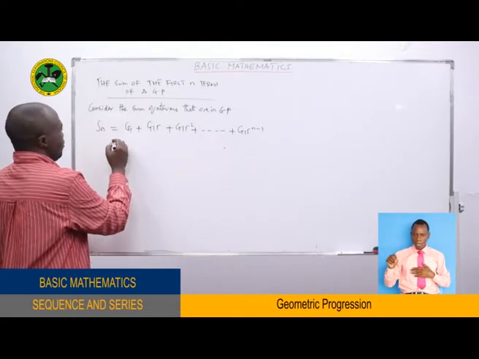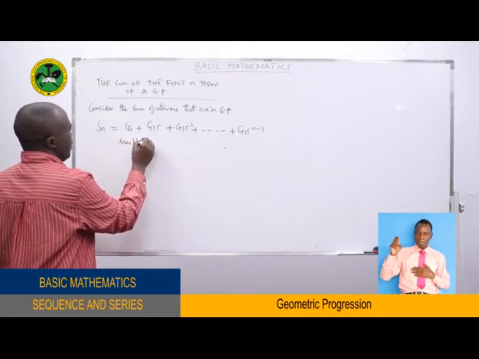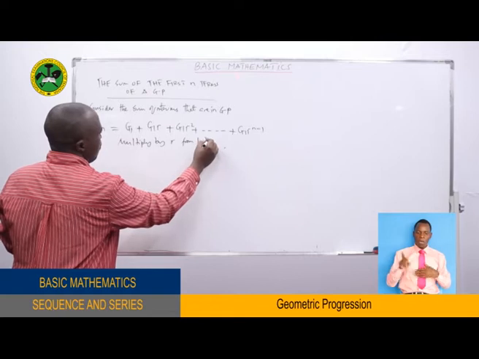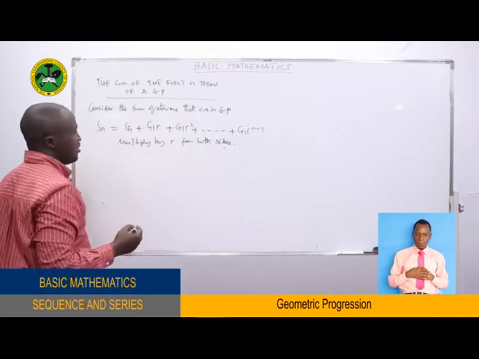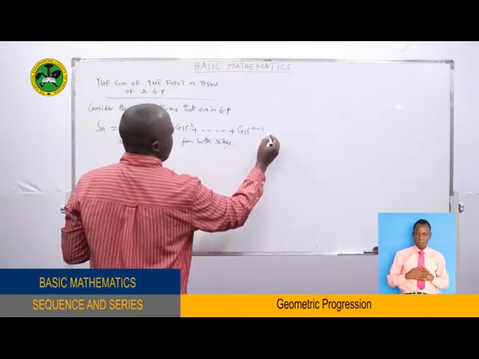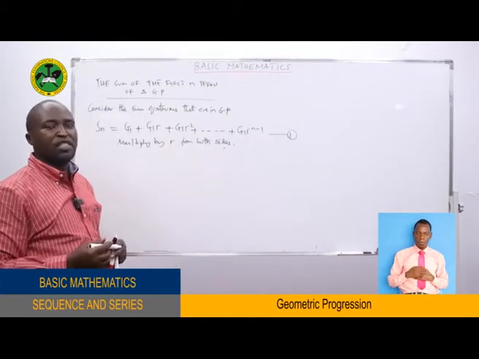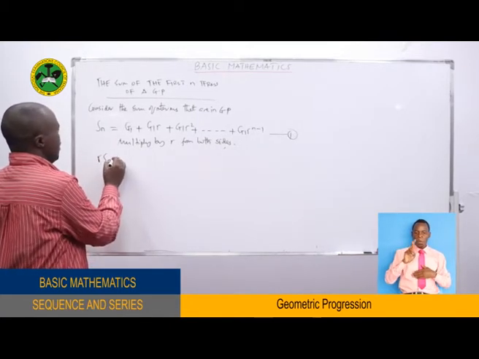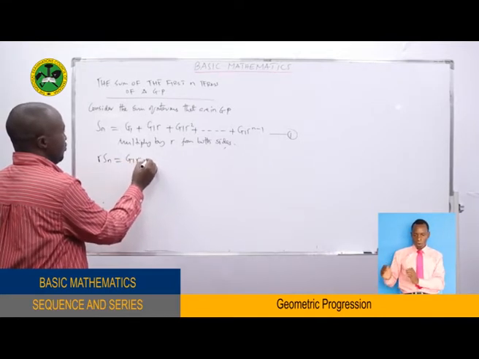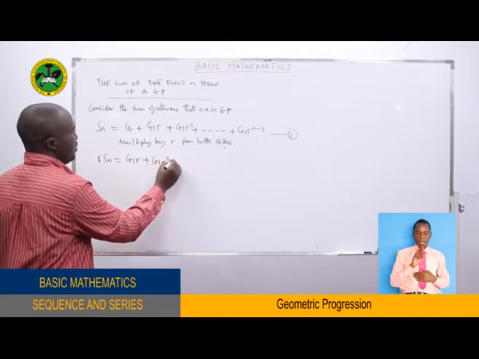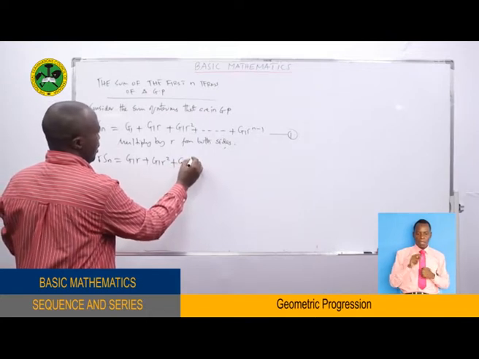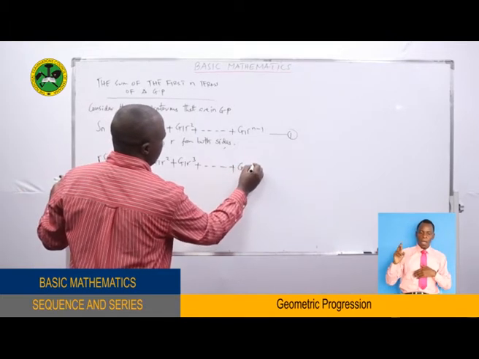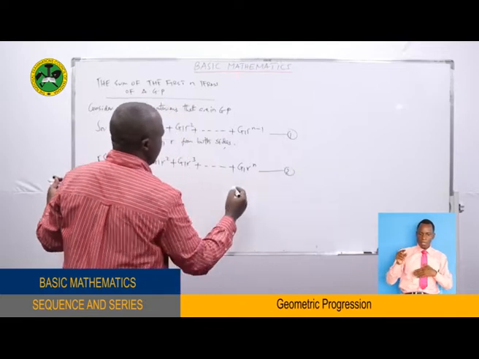Now, suppose we multiply by R from both sides. But of course, call this equation 1. On multiplying by R from both sides, we are going to have R S_n is equal to G1 R plus G1 R squared, then plus G1 R cubed, then this proceeds to G1 R power n. And of course, call this equation 2.